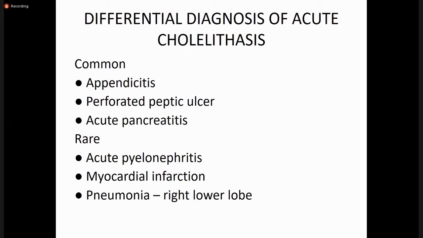If there is a small amount of leak, it may collect in the right iliac fossa and give you the symptoms of appendicitis. Rarely, acute pyelonephritis, even myocardial infarction, or pneumonia in the right lower lobe may present as a case of right upper quadrant pain.